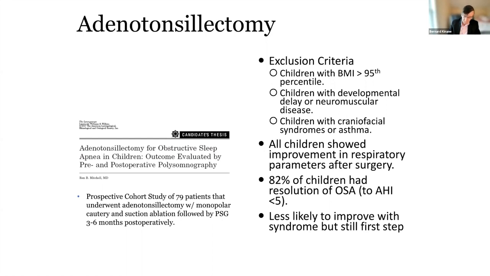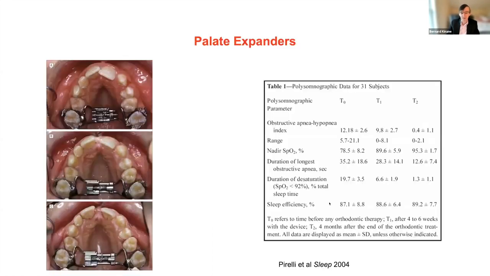Now, other things that we can do are palate expanders. Palate expanders have become very important because the mouth is small in Myhre syndrome, and it looks like this. So what you do, all of us are familiar with them, and you click them and you open them and open them. And in selected patients, this is looking at the apnea-hypopnea index as you expand.